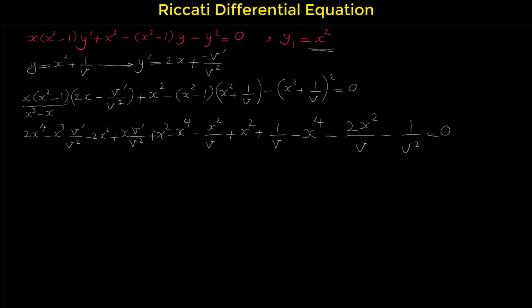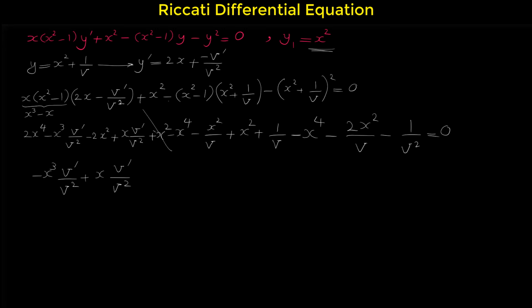So we have negative x to the 3 over, let's write it as v prime over v squared, plus this x v prime over v squared.